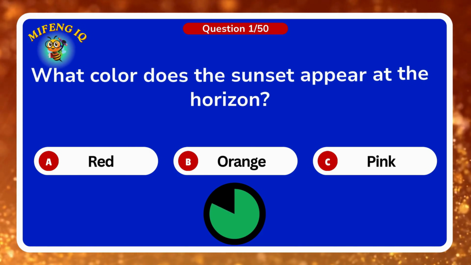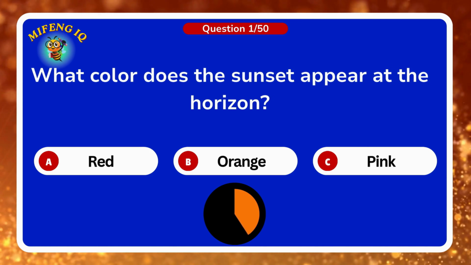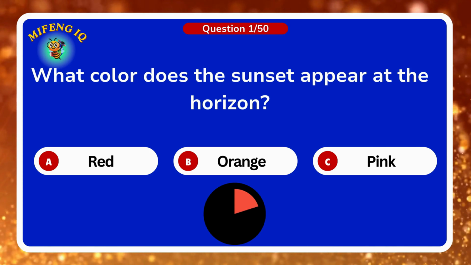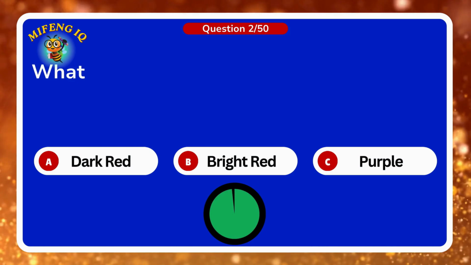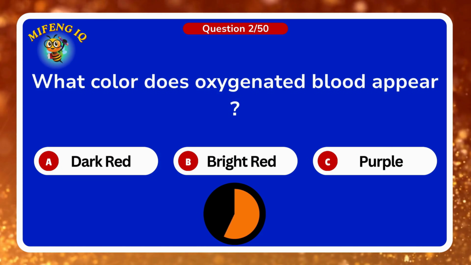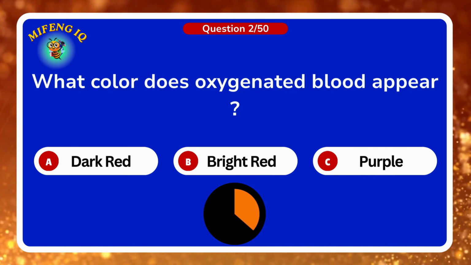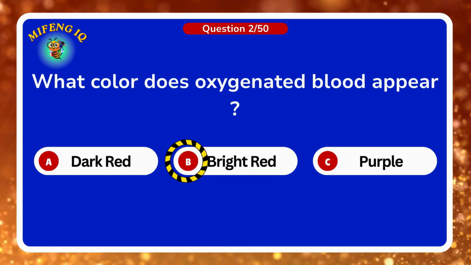What color does the sunset appear at the horizon? Red. What color does oxygenated blood appear? Bright red.